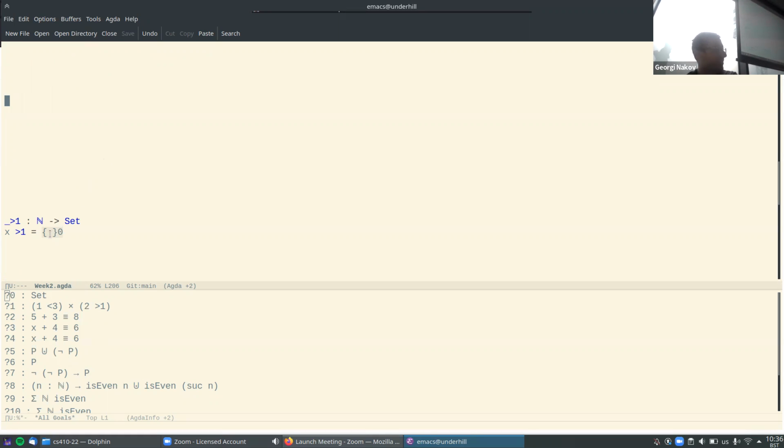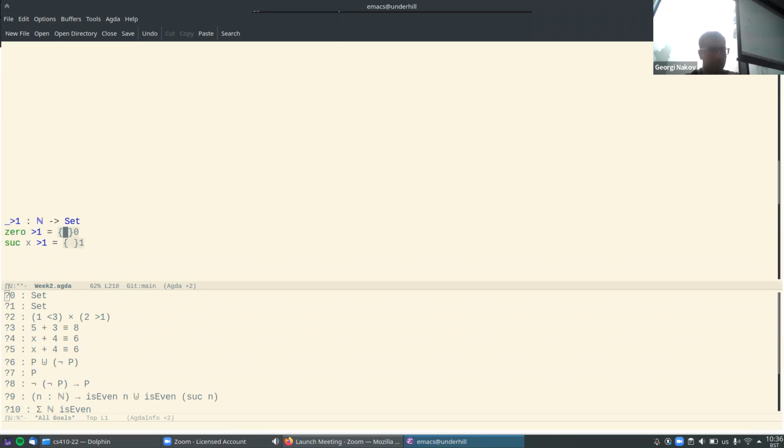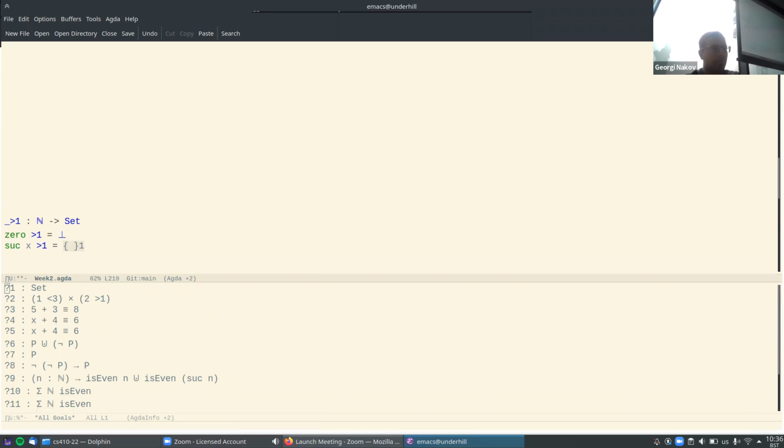So now maybe let's write a predicate: when is a thing strictly greater than 1? What can we do in this situation? We can pattern match and discard the cases when it's 0 and 1. Is 0 strictly greater than 1?